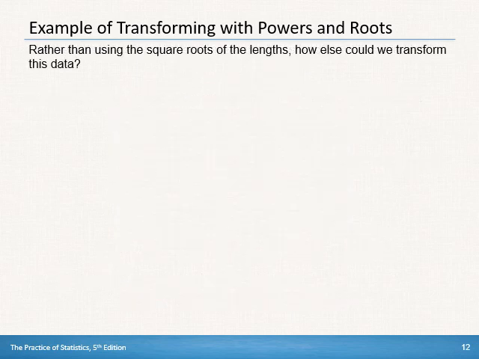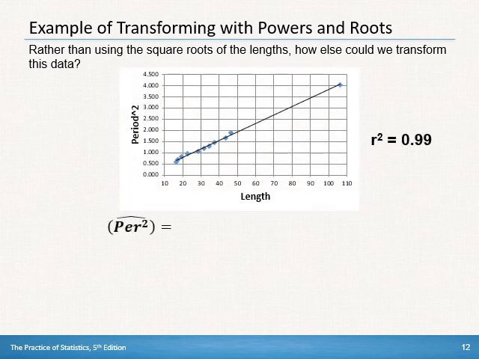All right, so how else might we have done this? Instead of plotting the square root of the lengths against the period, we could plot the lengths against the periods squared. And again, we got a pretty good r squared value from that, 0.99.